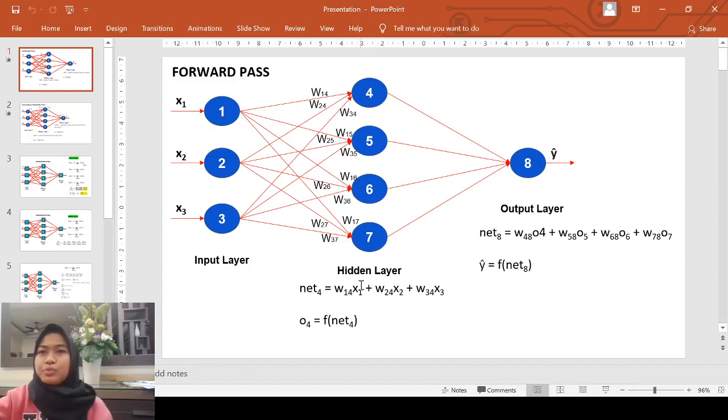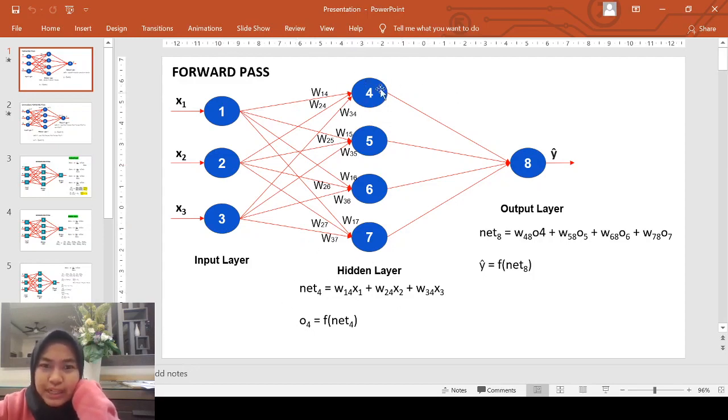We have to calculate the sum of the product of the input and the weight: W14 multiplied by x1, plus W24 times x2, plus W34 times x3. That is how we get this equation here.